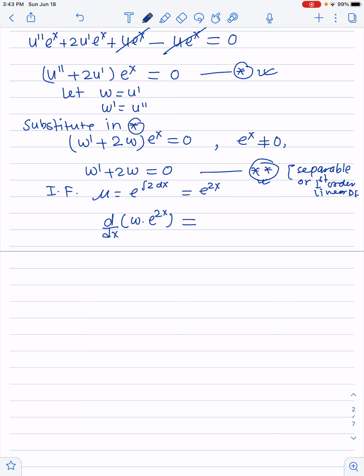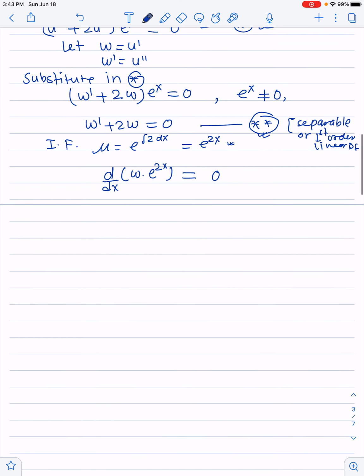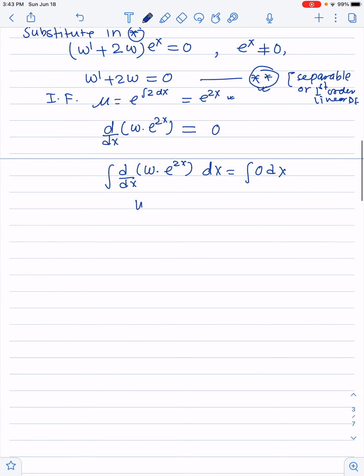Now we are multiplying both sides by this, so 0 times e to the 2x is just 0. Now we will integrate both sides, so the integral with respect to x equals the integral of 0 dx. So on the left side, w times e to the 2x, and on the right side, the integral of 0 is 0, plus a constant of integration, which is c1.